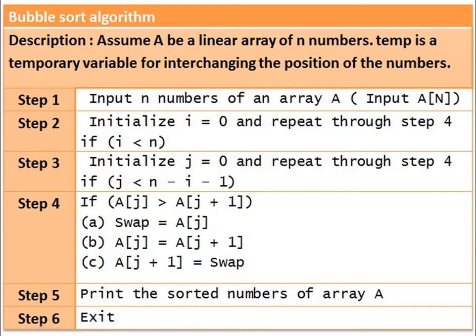The first loop will move through the list and the second loop will check the comparison part. The adjacent elements will be compared. So at the end you will print the sorted list or sorted array A.